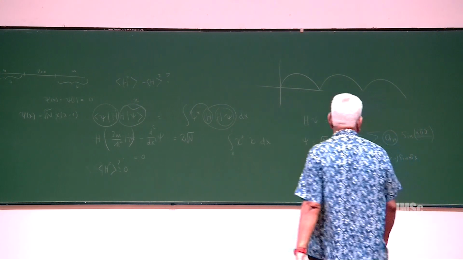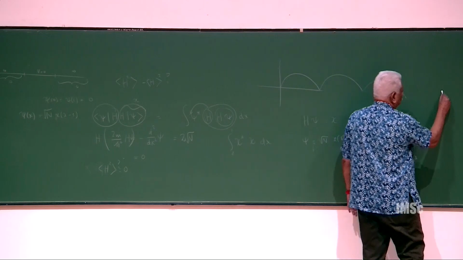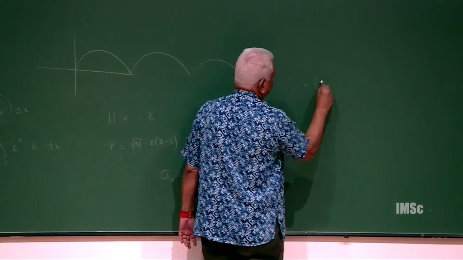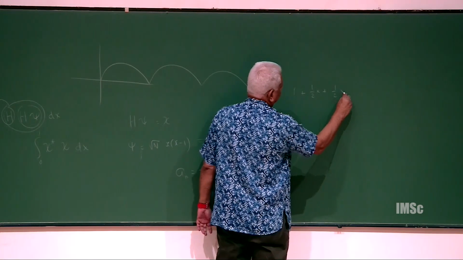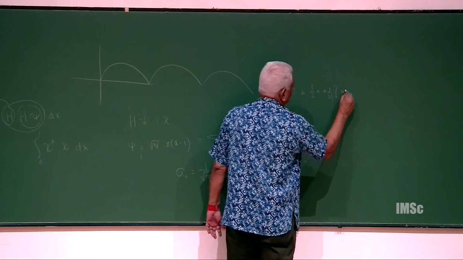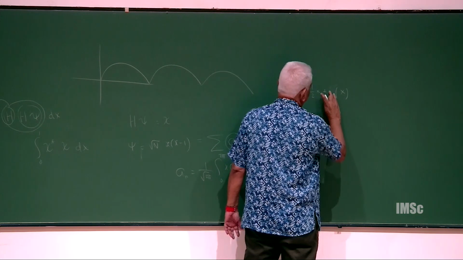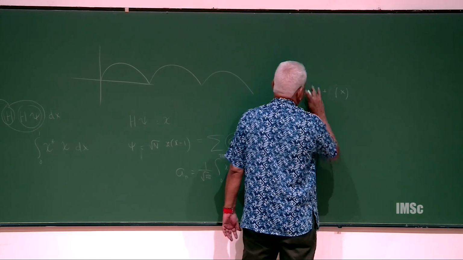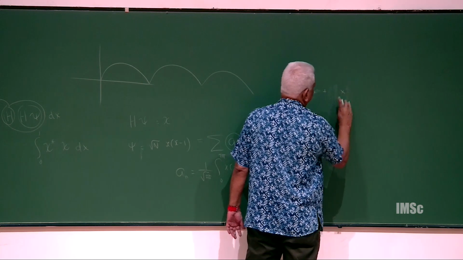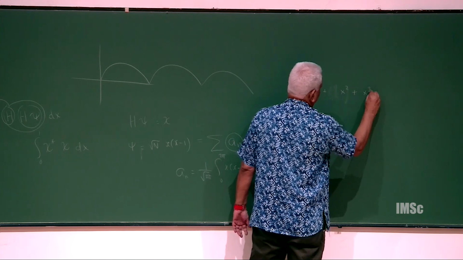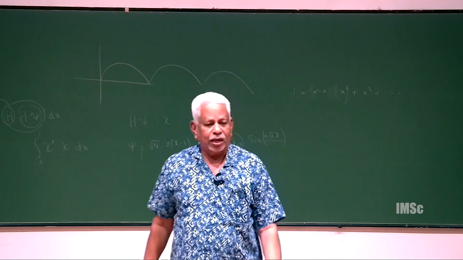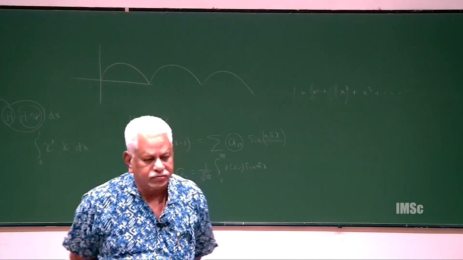If I have an infinite series like 1 plus x plus x square plus x cube, let me consider this series. I want to find the value of this series when x is equal to half.